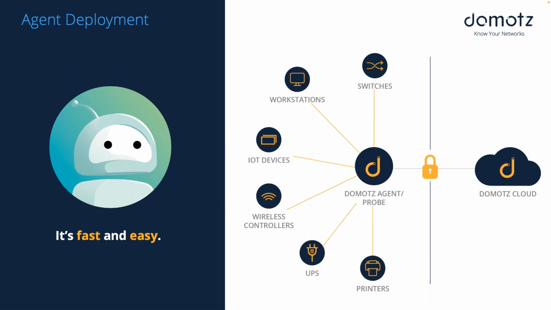We're going to look at each system when it comes to managed switches or other network infrastructure devices. We're going to try to interrogate them further through things like SNMP or through RESTful APIs that may be provided by a manufacturer to bring as much information about those devices as possible to the Domotz cloud. The beauty of all this is that it's extremely fast, it's extremely easy, and we simplify that for you.